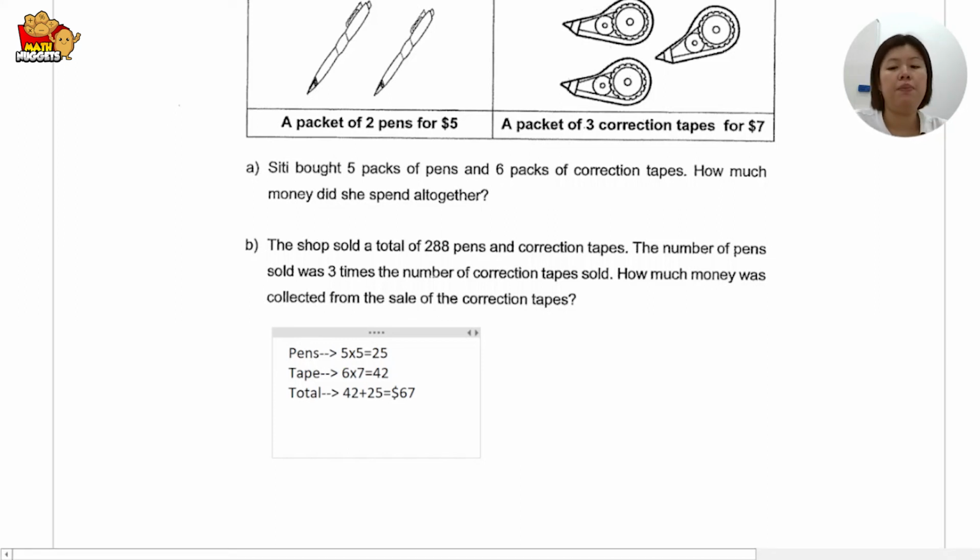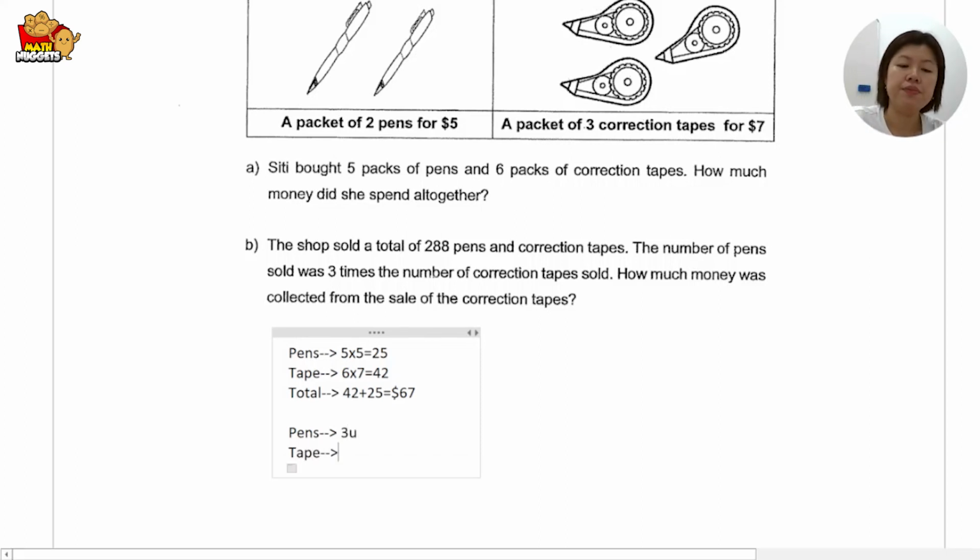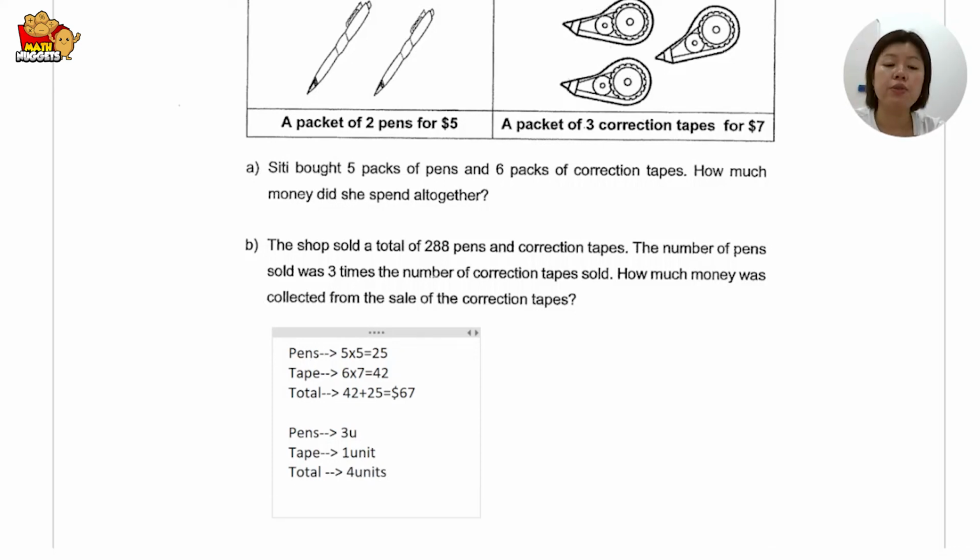Since we know that the pens is 3 units and tape is 1 unit, we can find total, which is 4 units, which is also equals to 288. So 4 units, 288. 1 unit, 288 divided by 4 equals to 72.